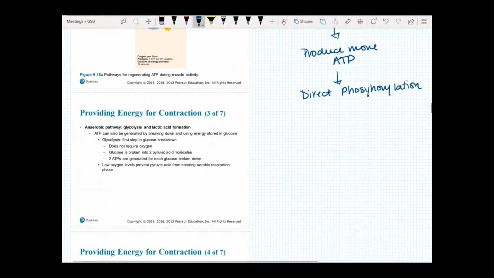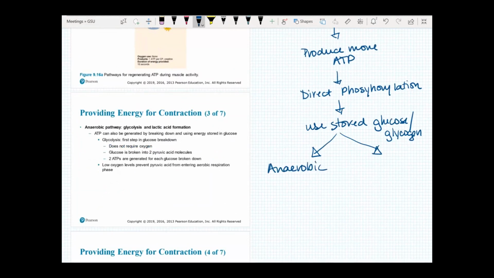And then you're going to go through these next 2 processes. And the way you're going to do it is you're going to use stored glucose or stored glycogen. So we're going to go through this process, but this is where we branch, and we will do either anaerobic or we will do aerobic.